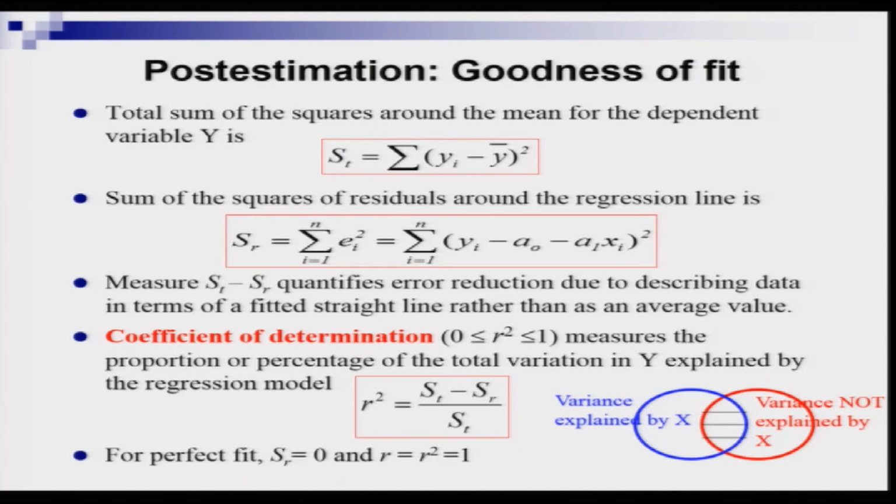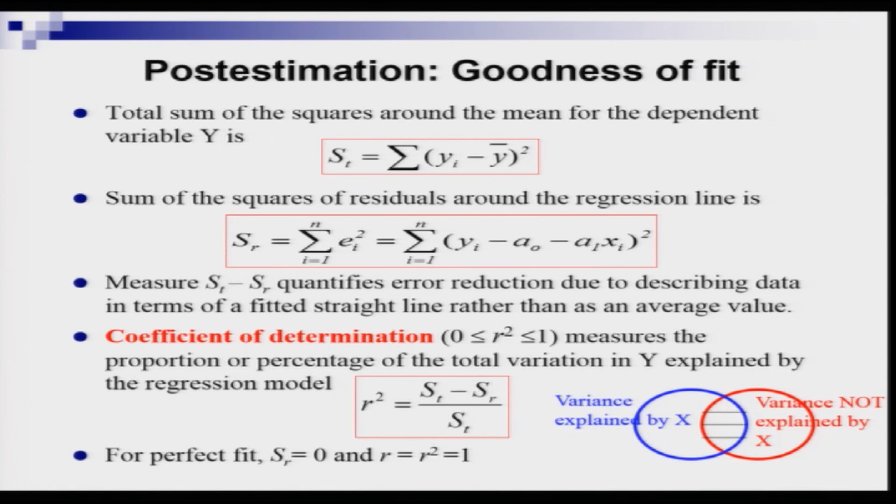By looking at this expression, one can say that this coefficient of determination is always bounded between 0 and 1. R can be negative, but R square cannot be. So, R square is bounded by 0 and 1.